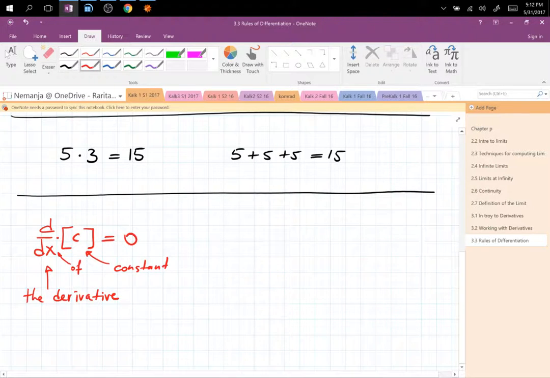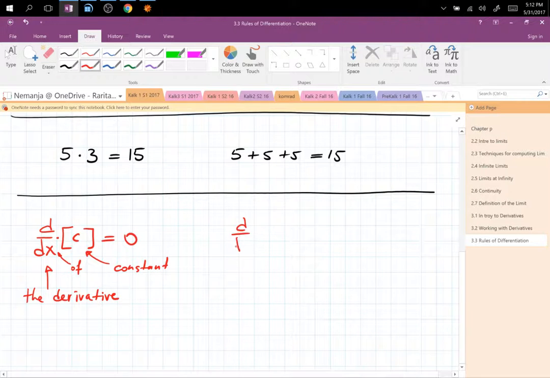So how much is the derivative of 10? 0. It's 0, right? The derivative of 10 is 0 because 10 is a horizontal line through 10, and that has no change. So any constant has no change, and because there's no change in a constant, the derivative is 0. Remember that the derivative measures change.